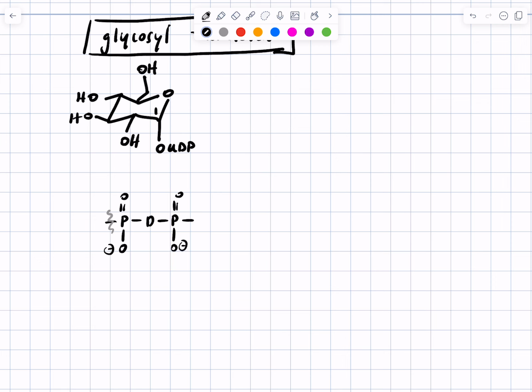The D stands for diphosphate. Then there's a ribose ring with down OH groups, and then here is the base uridine. And there's usually a magnesium dication that is coordinated there. Basically, all of this is an excellent leaving group.